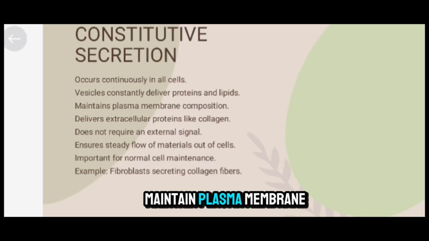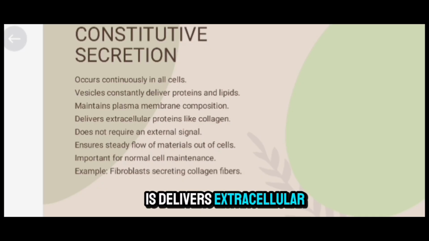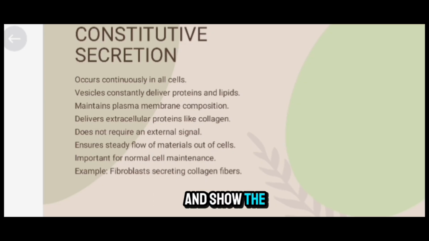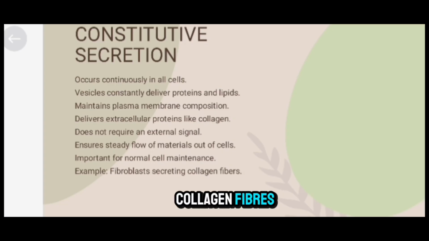Maintain plasma membrane composition, which delivers extracellular proteins like collagen. It does not require an external signal. Ensure the steady flow of material out of cells. Important for normal cell maintenance. Example: fibroblast secreting collagen fibers.